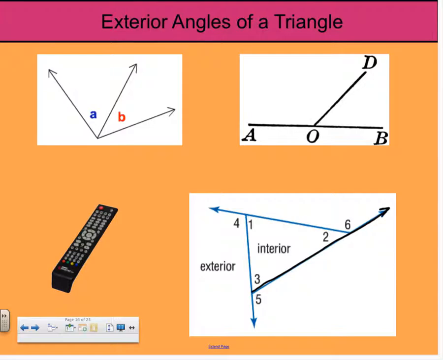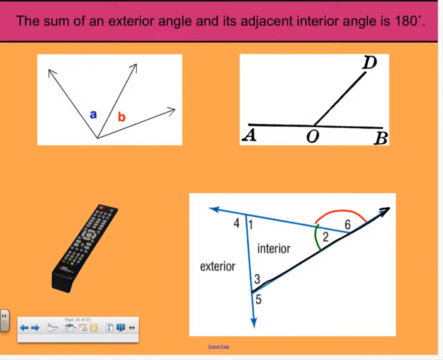So angle 2 would be considered an interior angle, but the angle that's created from the extended line is what we call an exterior angle. So that red angle is an exterior angle. And what we're learning is that the sum of an exterior angle and its adjacent interior angle is 180 degrees.